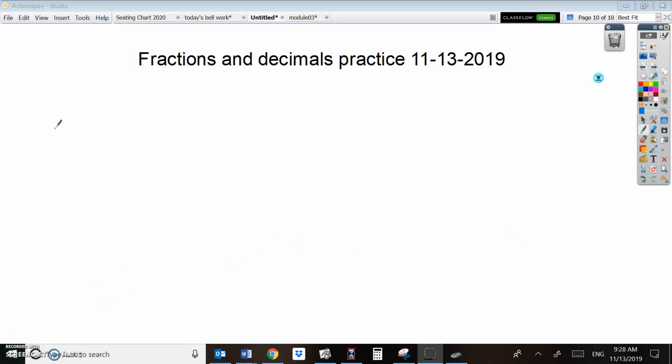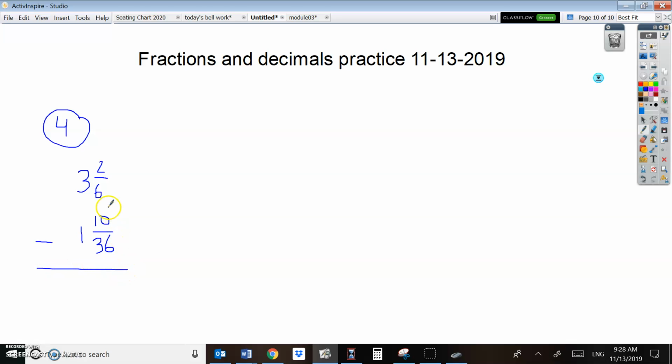Problem 4 is 3 and 2 over 6 minus 1 and 10 over 36. So you need common denominators. 36 is a multiple of 6, so let's change the denominator to 36.